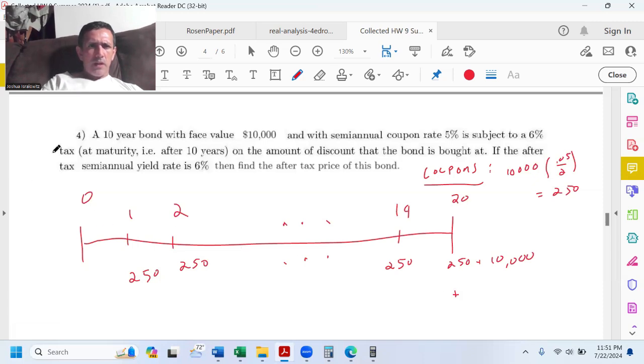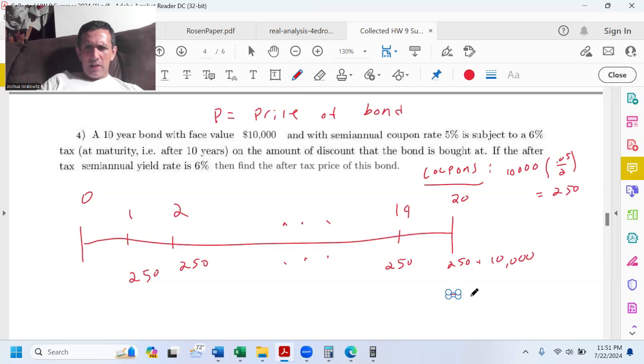So let's say P is the price of my bond. It's not plus, it is minus.